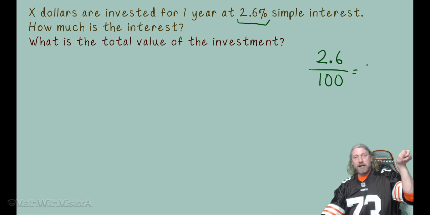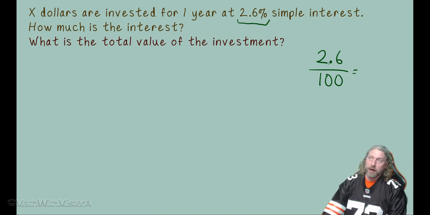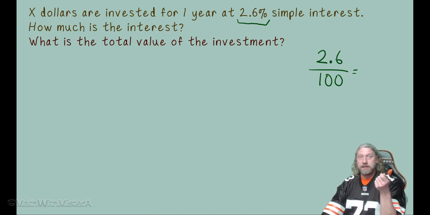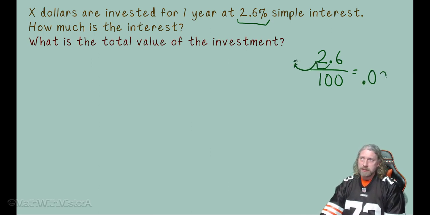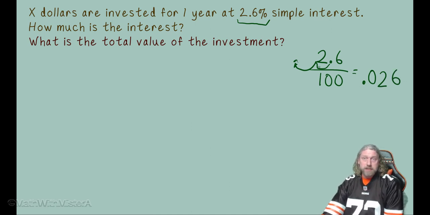Each of those divide by 10s is a move of the decimal point. So yes, by all means, just think move that decimal point as long as we're being accurate with it. But know that that's because a percent means out of 100, or divided by 100.